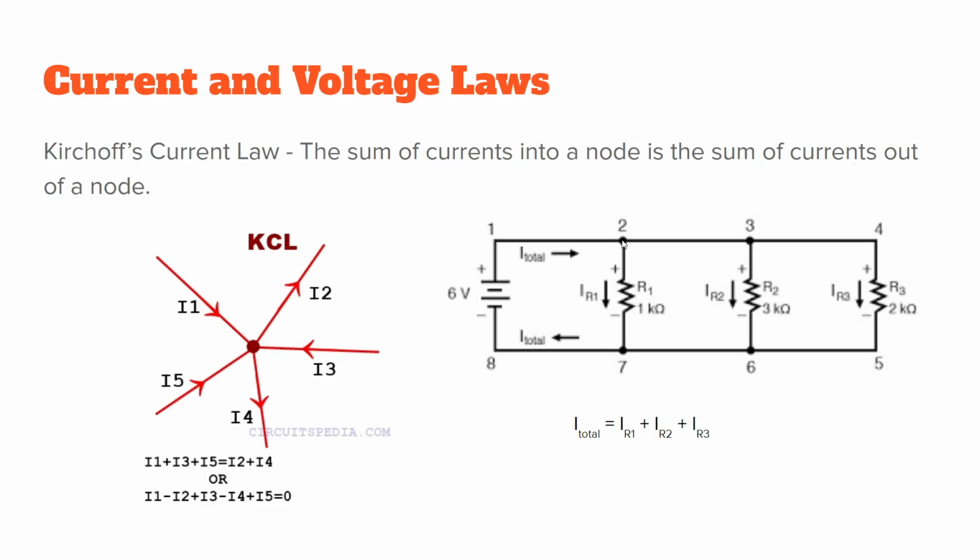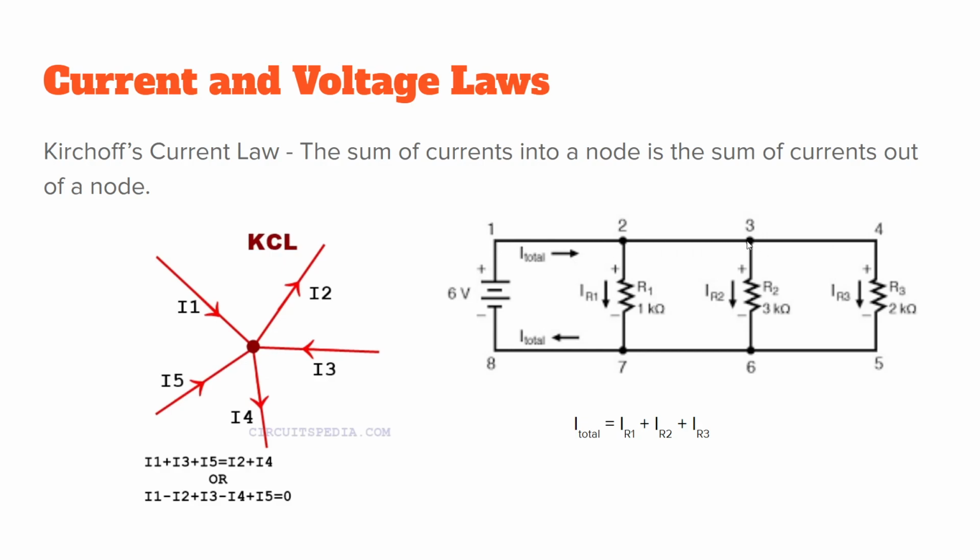These are called nodes, points where things connect, but this whole thing is also called a node. Now, why is that? They're called a node because they share a voltage. When something has just a wire between it, there's no voltage drop across the wire. There's no resistance across the wire. So that means that there cannot be any voltage drop across the wire if we think about I equals V divided by R. So all of these share a voltage.